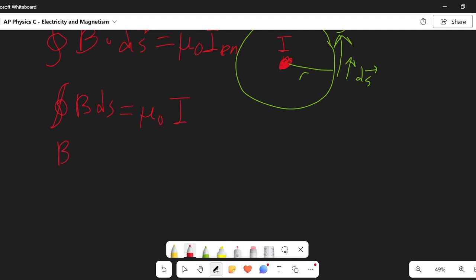We can do this because the integral of a differential is just the length itself. So this is equal to mu naught I.